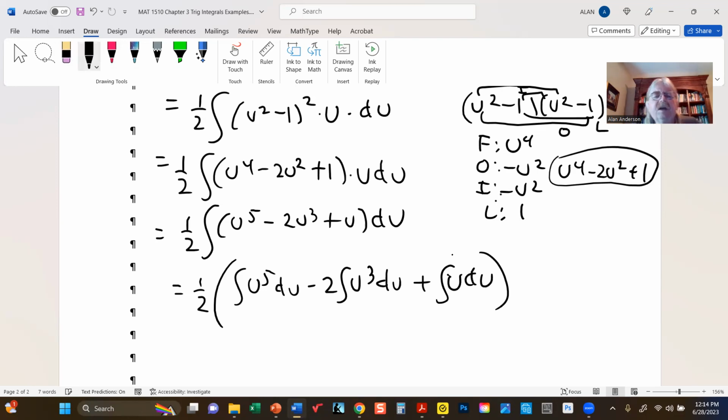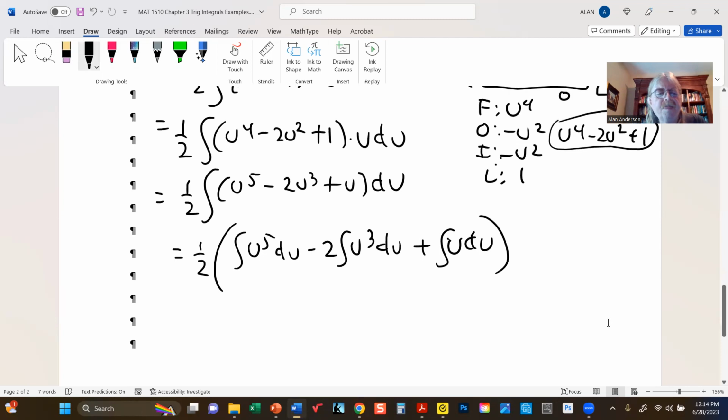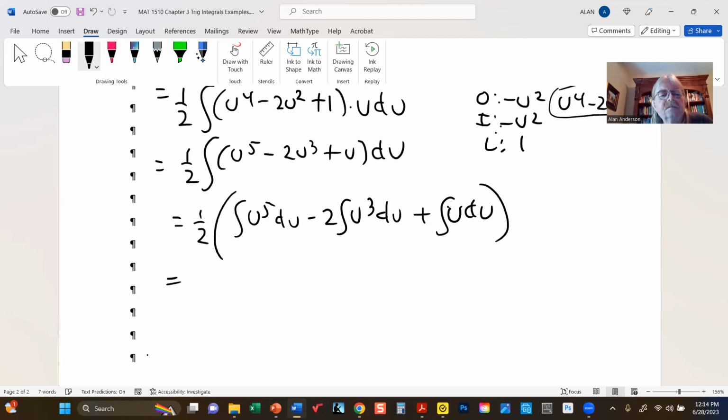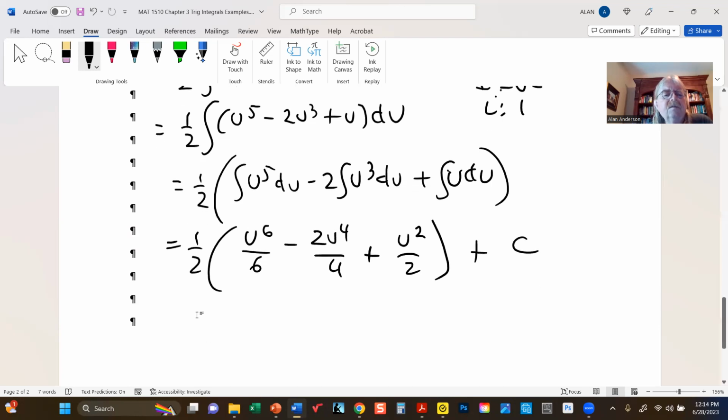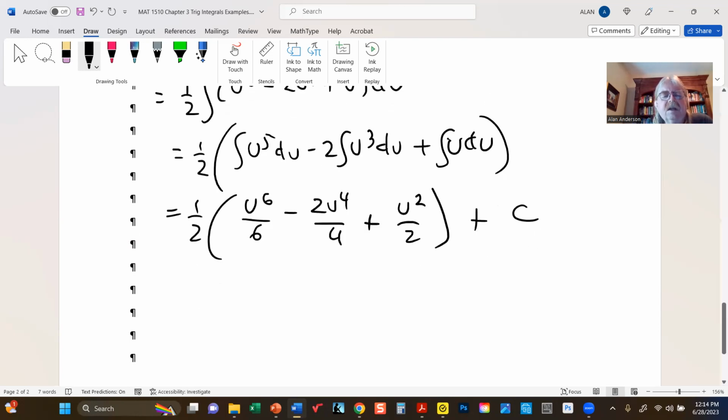All right, now we apply, of course, our normal rules of integration, the so-called power rule. And we can get rid of that too. We can just apply that across.